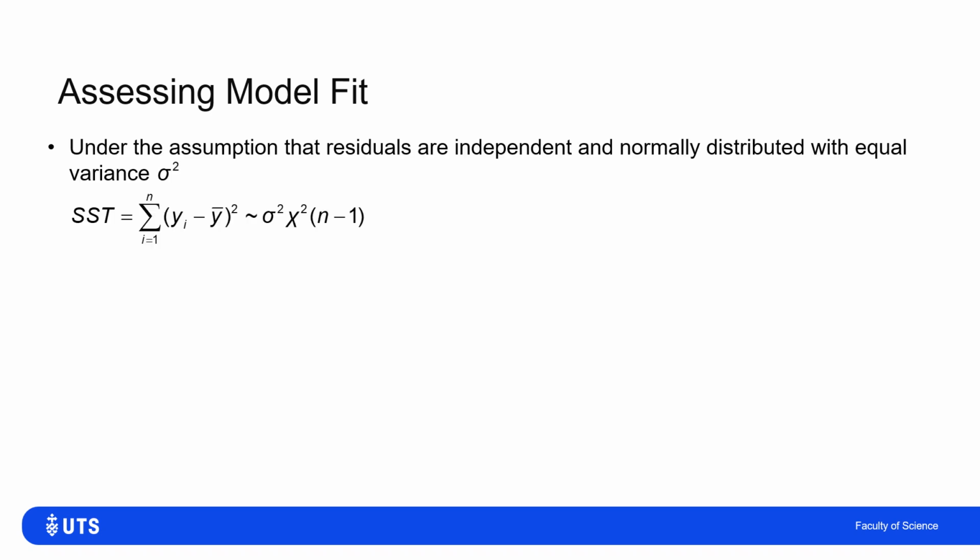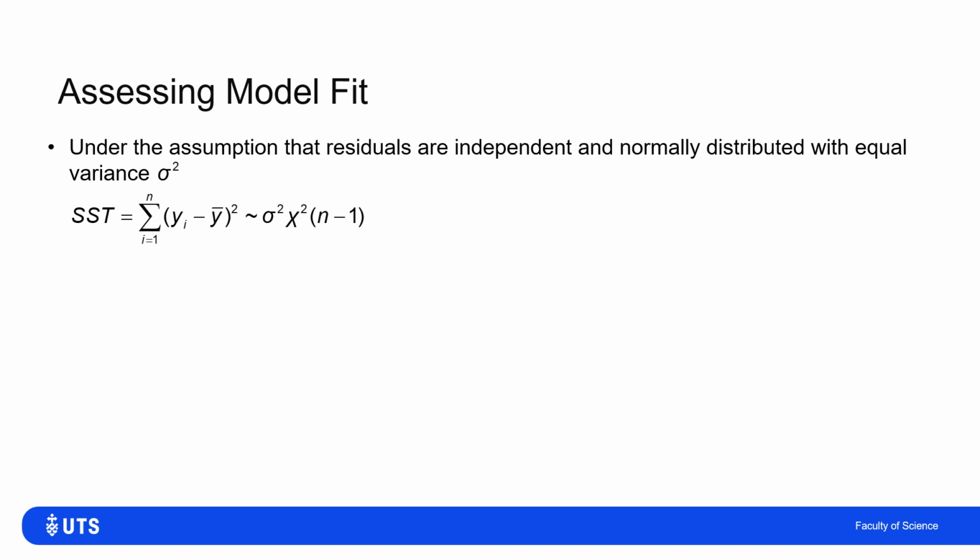So if I assume that the residuals are independent and normally distributed, and they have equal variance, then I have a sum of independent realizations of the square of a standard normal, or sigma squared times a standard normal.